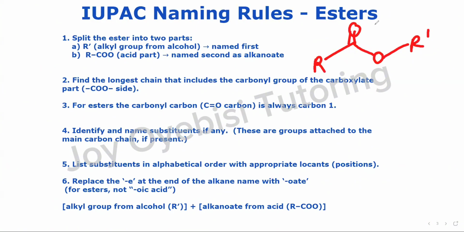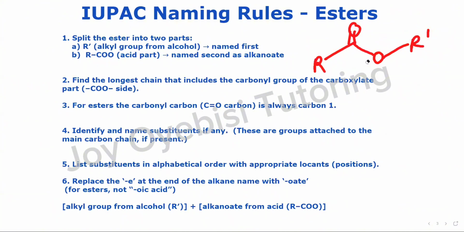So this part of the ester comes from the carboxylic acid, and this side comes from the alcohol. When we name, the R' group that is attached to the alcohol side, we name this first. And then the second part of your naming will be from this side to the left. So it is important we understand the two parts of an ester when naming.